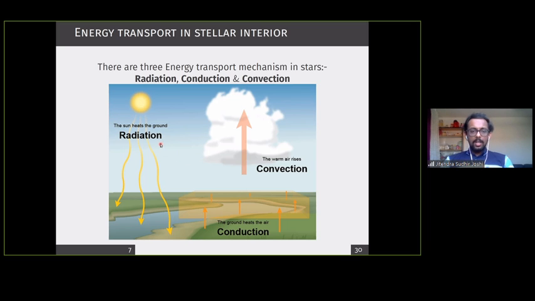So what exactly differs in convection is you have these bubbles. If you see, these bubbles are formed inside water and rise up. These bubbles also happen inside the star.